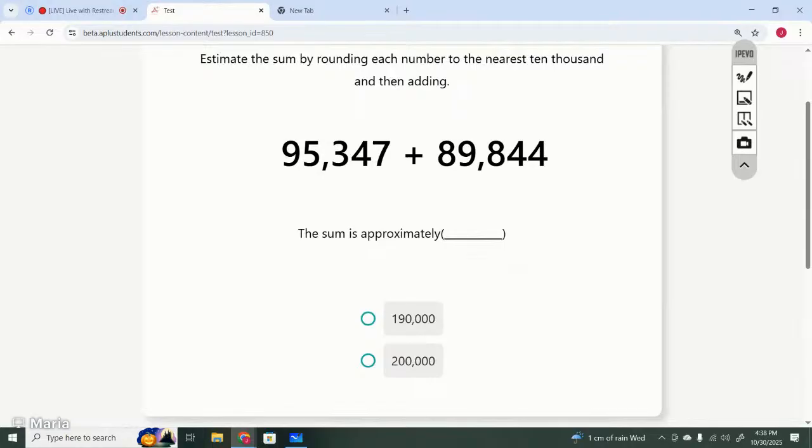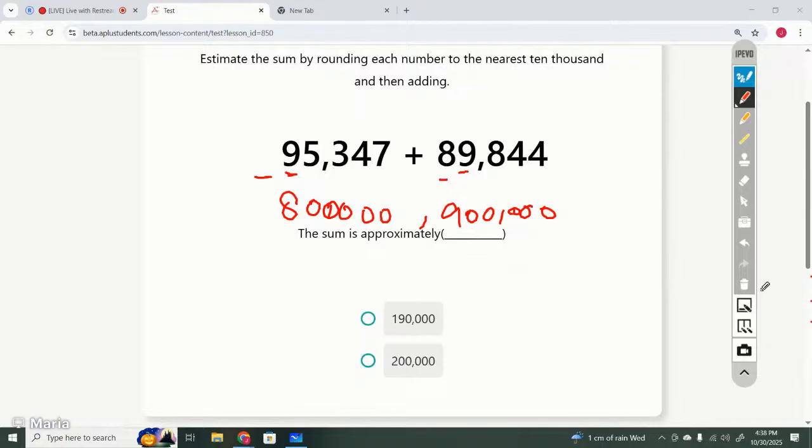Estimate the sum by rounding each number to the nearest 10,000 and then adding. 9, right? That is the digit at the 10,000. Right next we have 5. 5 is equal to 5, so it would be rounded to 100,000.